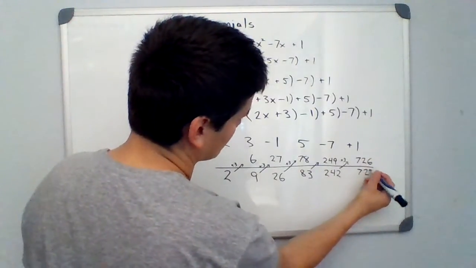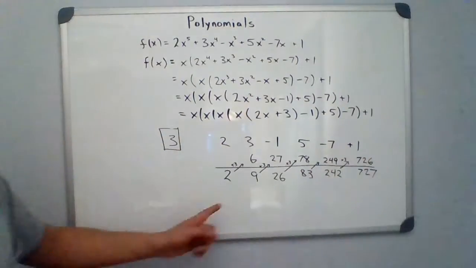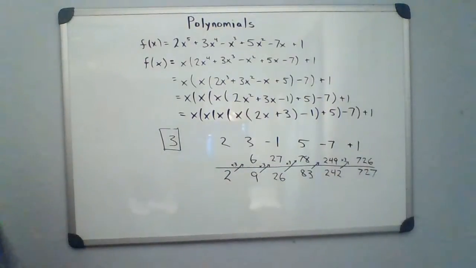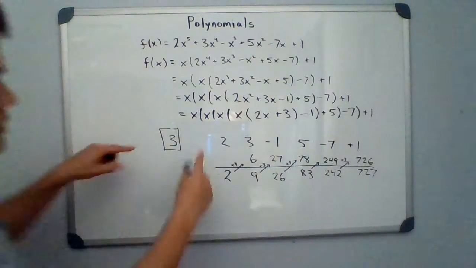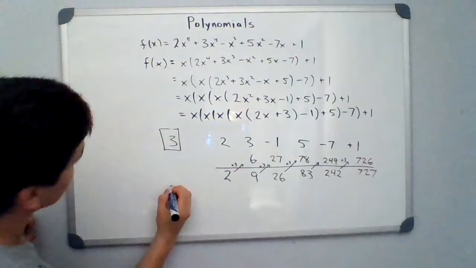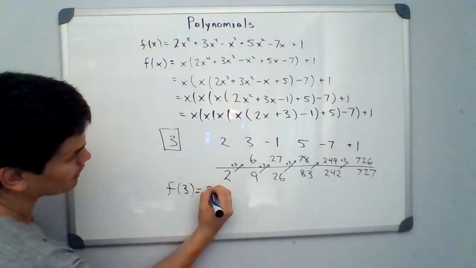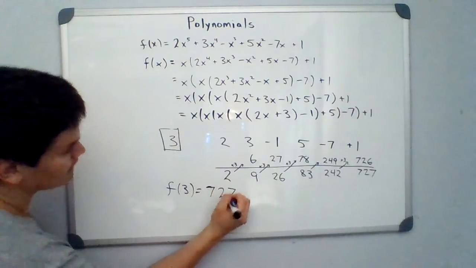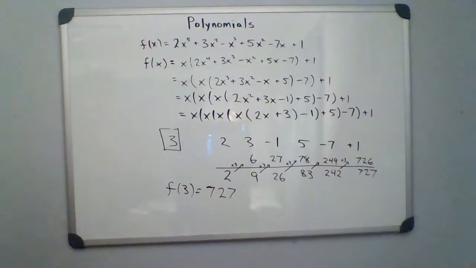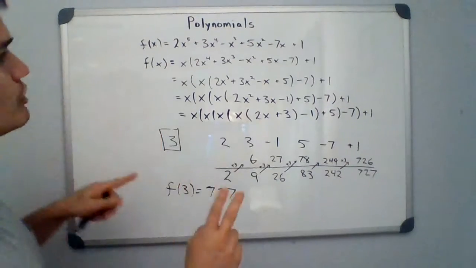And so 727. Hopefully this math is right, because then it would kind of ruin my whole video. I think it's right though, but you guys can check my math and make sure it is. But basically what this algorithm just told me is that f of 3 is 727.